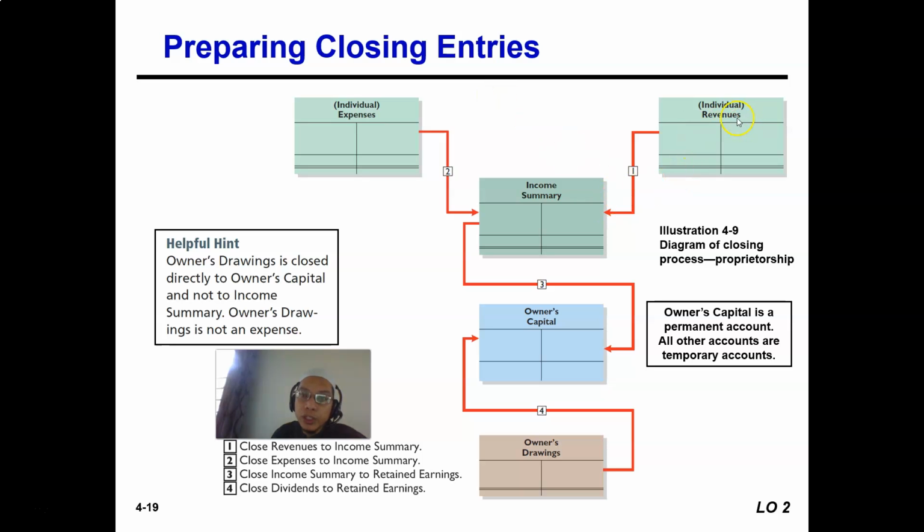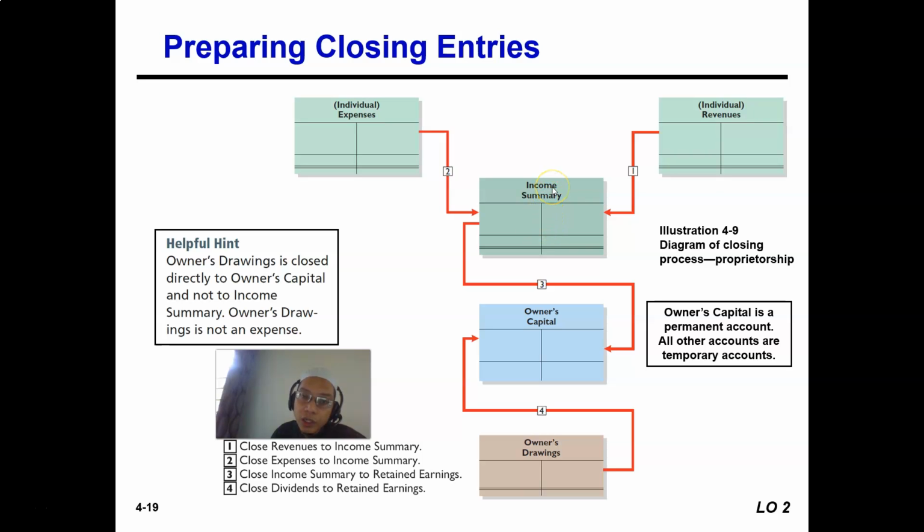Firstly, we close the revenue accounts by debiting the revenue account and crediting income summary. Secondly, we close the expense accounts by crediting the expense account and debiting the income summary. Thirdly, we close the income summary account by transferring that balance into owner's capital, and depending on whether it is a net income or net loss, we debit or credit the relevant side.